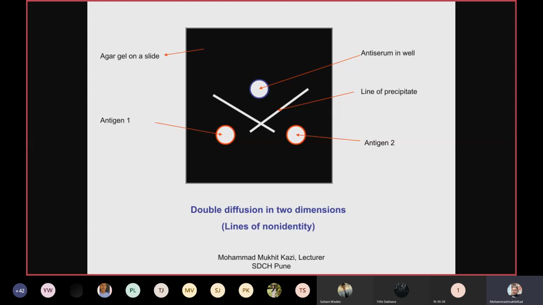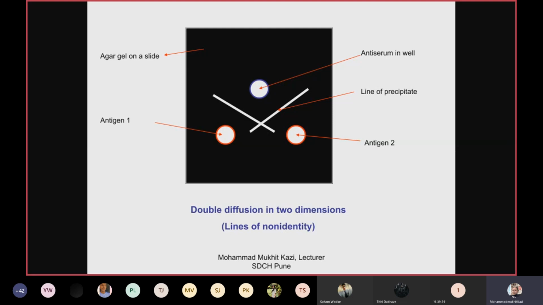Now double diffusion in 2 dimensions. You can see here there are 3 diagrams which I'll be showing one after another. You see the difference now. In the top well, there is an antiserum. Antiserum means there are antibodies. And in the bottom 2, there are 2 different antigens, antigen 1 and antigen 2. Now I want to know whether antigen 1 and antigen 2 are similar and can react with the antiserum.